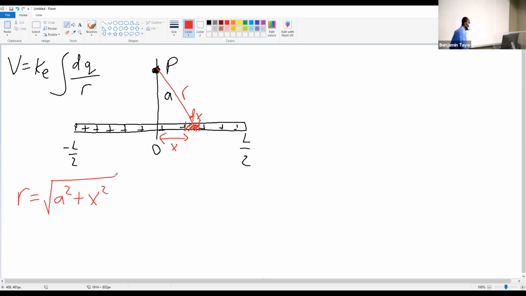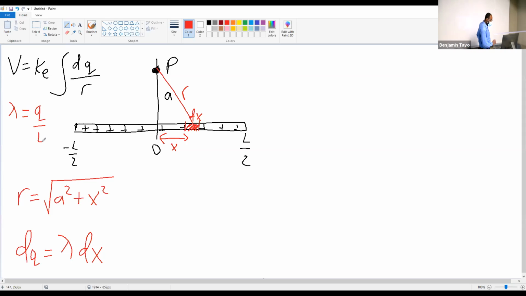What is my dq? Because this is a line charge, my dq is equal to lambda dx. Again, remember that this lambda is the total amount of charge that I have per unit length. And so now the next thing is just to take everything and plug it into that formula right there.